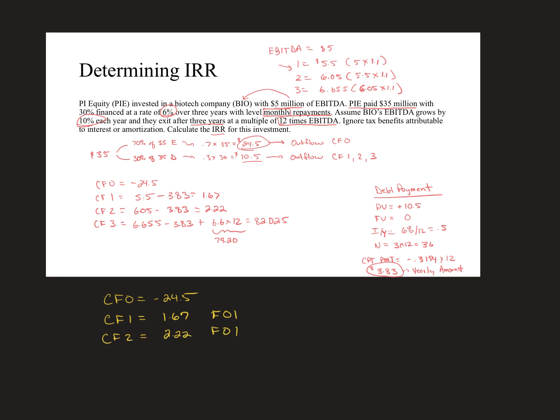And our cash flow 3 is going to be 82.025 with a frequency of 1. We will compute our IRR, and when we do that, we get something along the lines of 54.39%.